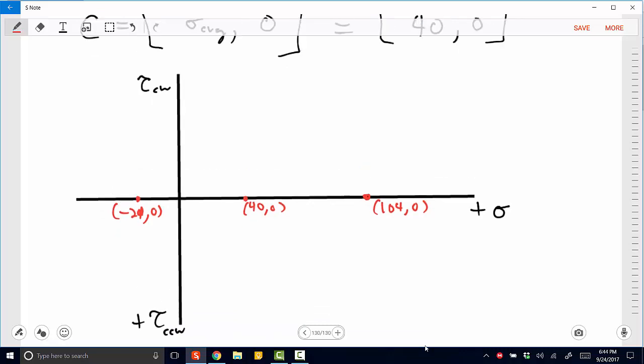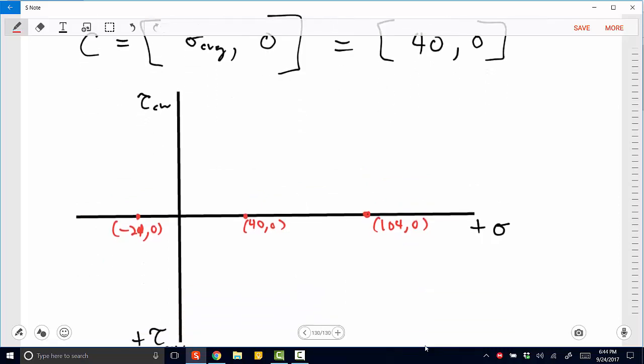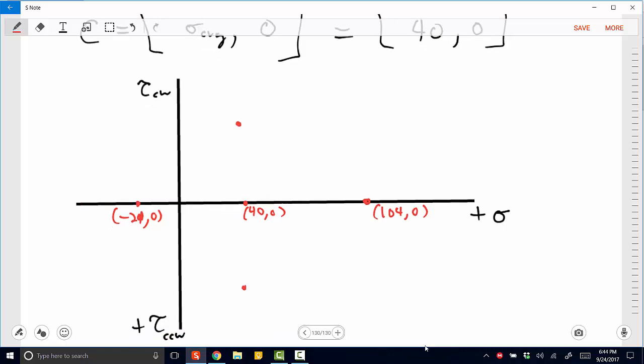We know that tau 1 and tau 2 act with the average stress, right? We know that a negative shear value is clockwise. So we can say 40 here, and our negative 64, we could just put 64.